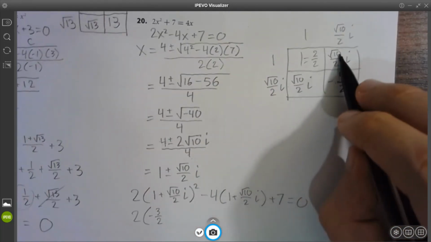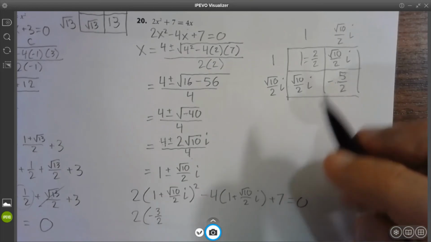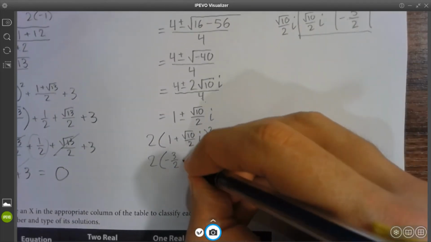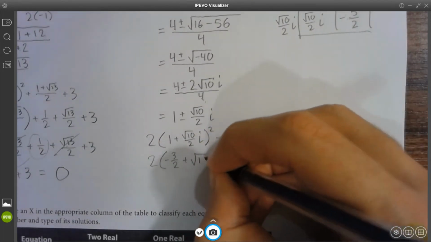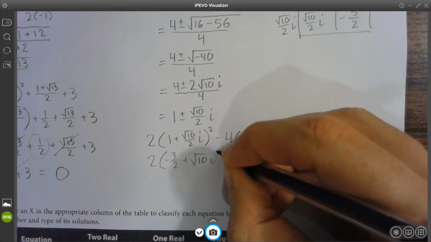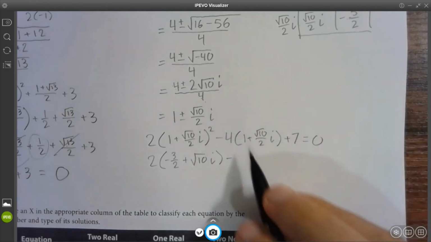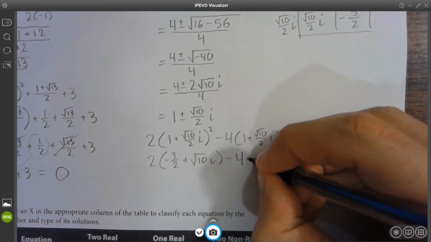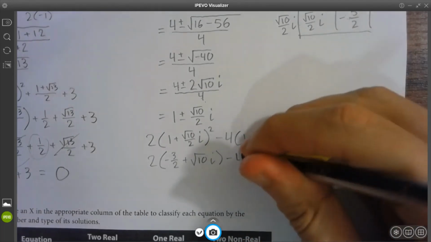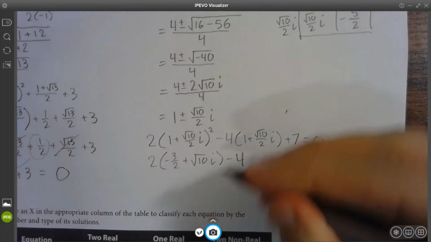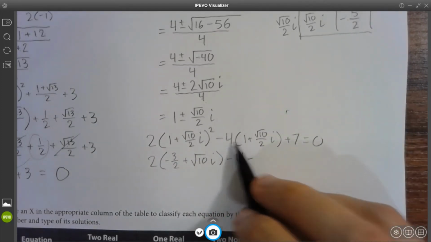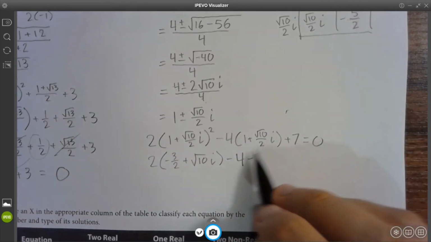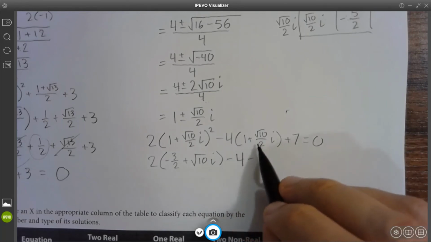We have, like we said, root 10i minus, let's go ahead and do this distribution. We have minus 4, and sorry, this is going to be minus. Okay, so 4 times root 10 over 2. This is 4 over 1, and we can cross cancel.